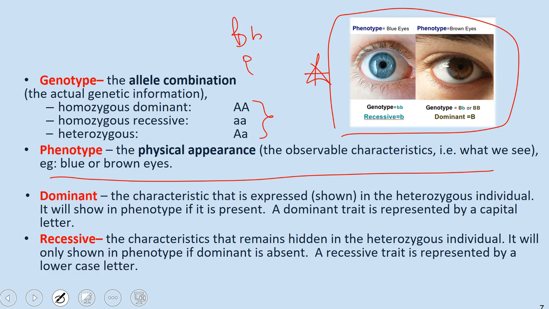Whereas the recessive trait would be the little b, and that's the one that is silenced by the presence of the dominant allele. So these traits remain hidden in the heterozygous individual. So we don't know if they have a blue eye gene or not because we don't see it in the individual. We would need to do a full genetic study in order to find that out.